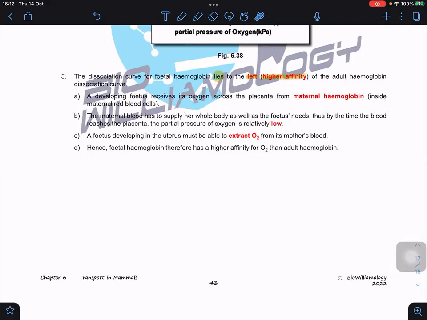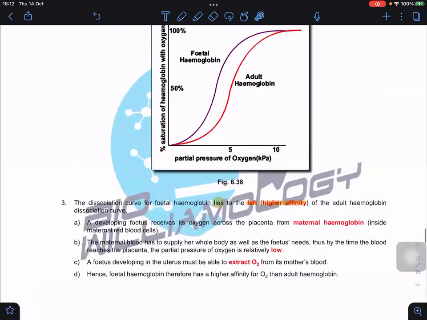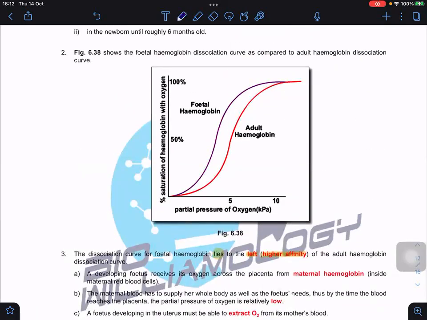So the fetal hemoglobin must have high affinity for O2 compared to the adult hemoglobin. Are you clear? You can look at this. At each position, let's say about 2.5 or 2, you can see that the percentage saturation for adult hemoglobin is lower than the percentage saturation for the fetal hemoglobin.